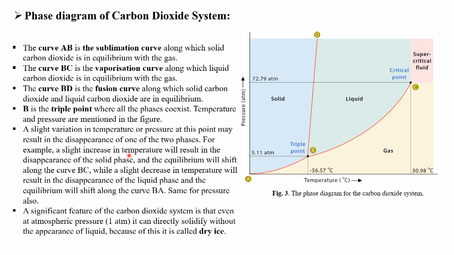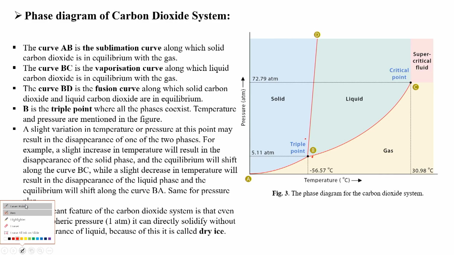For example, a slight increase in temperature will result in the disappearance of the solid phase. If we increase the temperature slightly, keeping the pressure fixed, we end up with only carbon dioxide gas. Similarly, keeping the temperature fixed, if we increase the pressure, we get solid carbon dioxide.